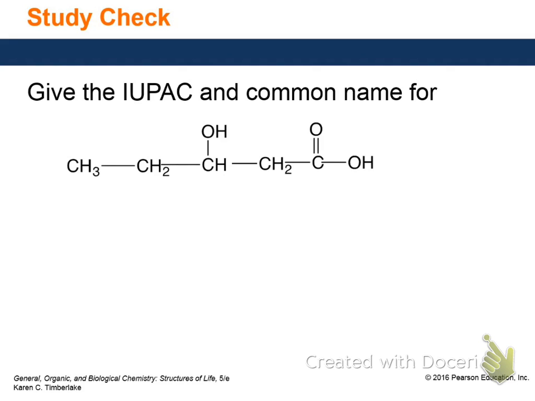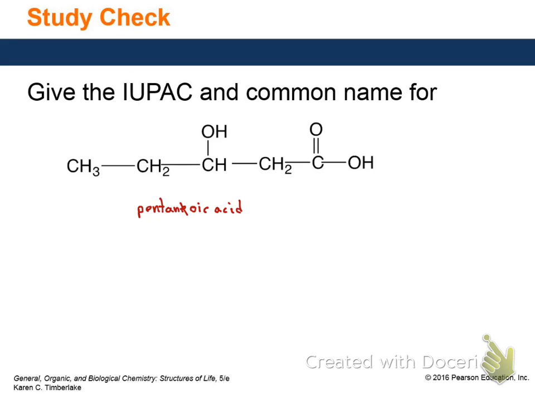What is the IUPAC and common name? So IUPAC is easy. How many carbons? 5. So what is that? Pentane, right? So I identified the parent as pentane. That becomes pentanoic acid.